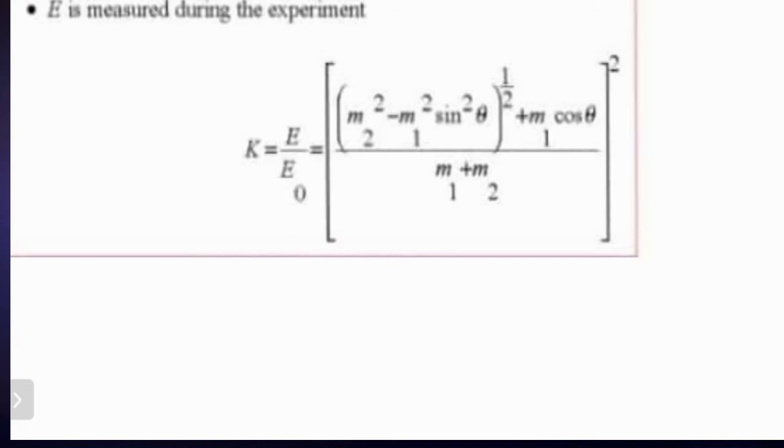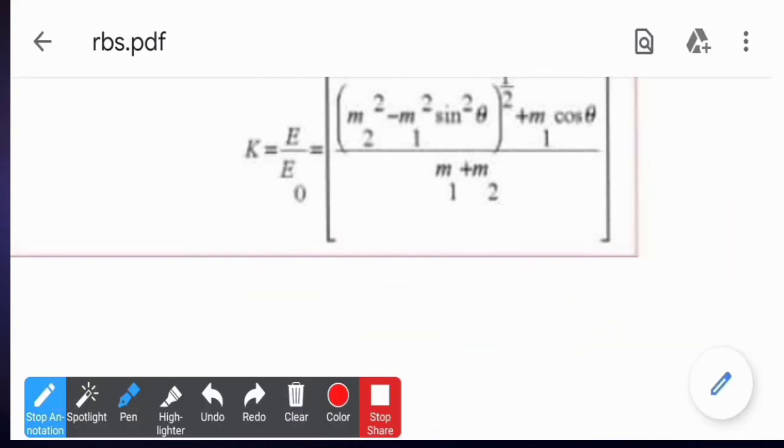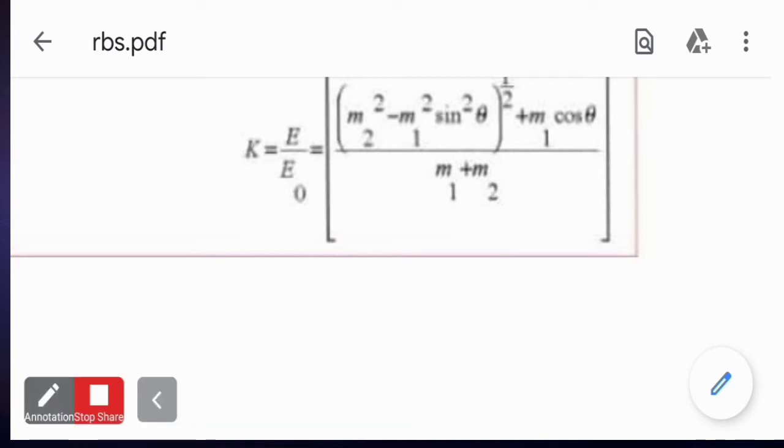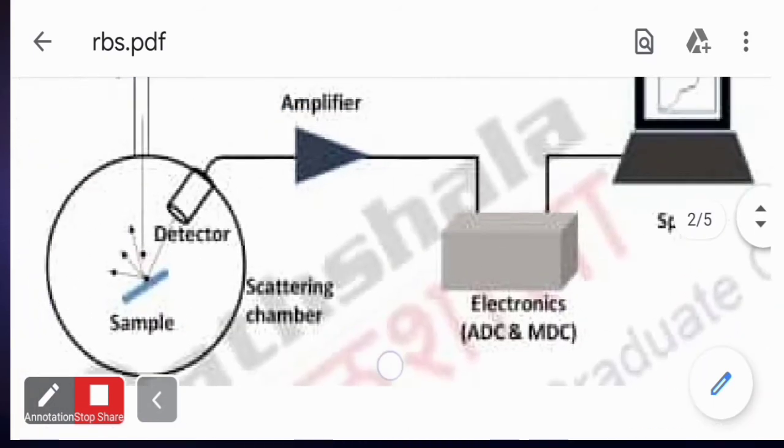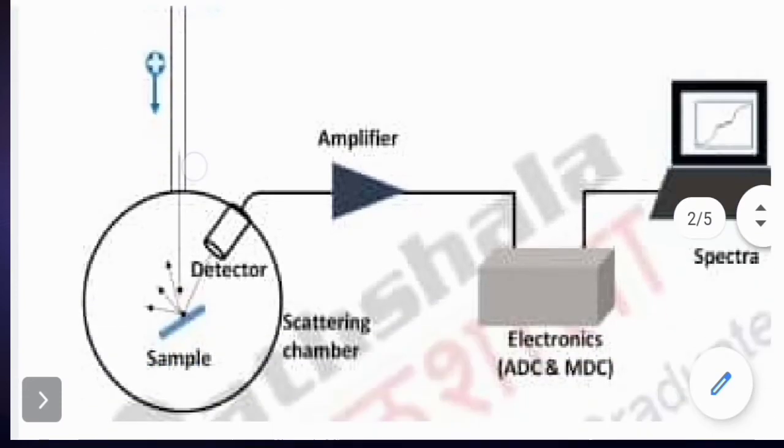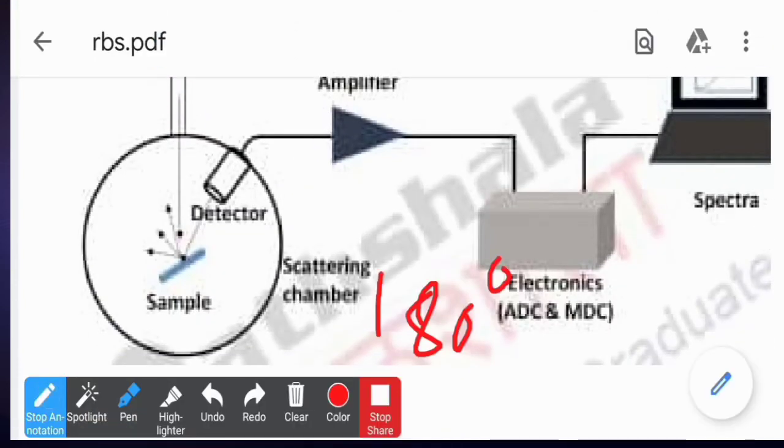For the maximum yield of scattering, the general angle for backscattering is taken as 180 degrees. But if we use 180 degrees, then since the detector size is large, the radiation comes from here and at 180 degrees goes straight back, so you would need to place the detector on the path of the incident radiation.